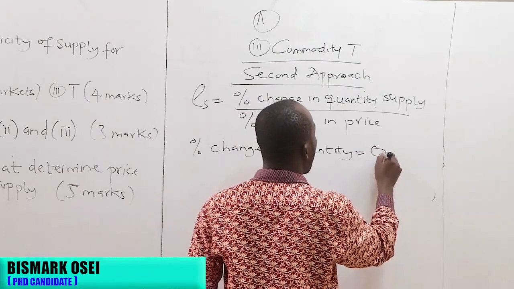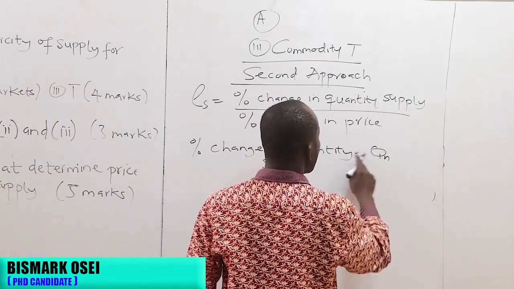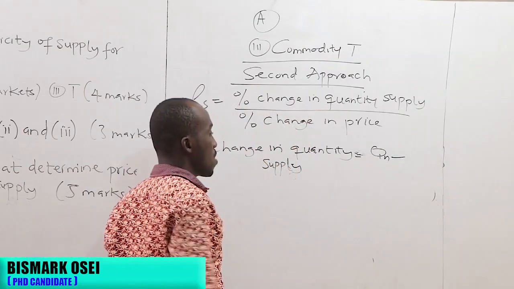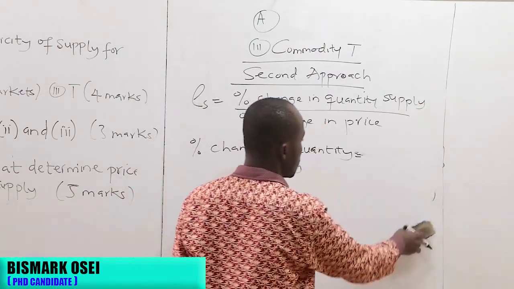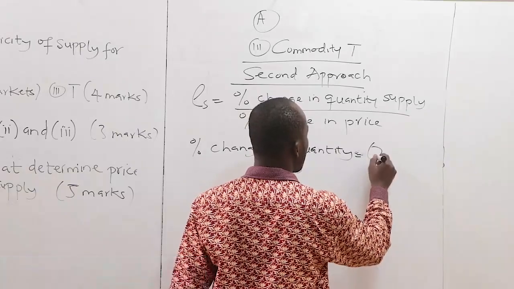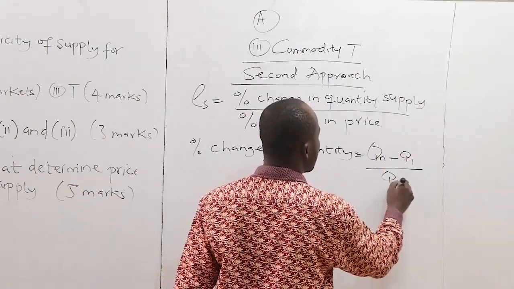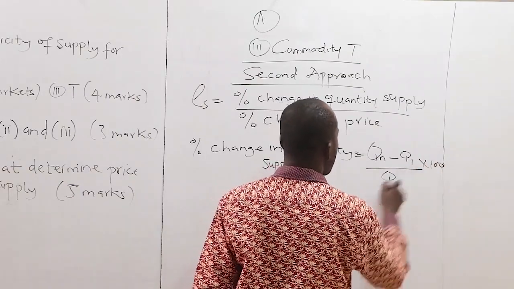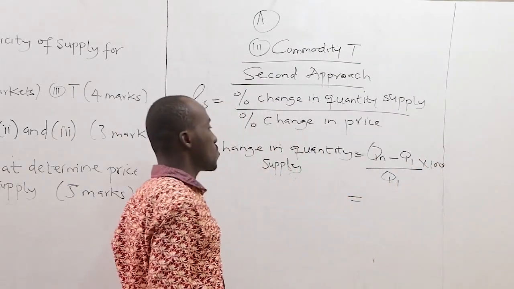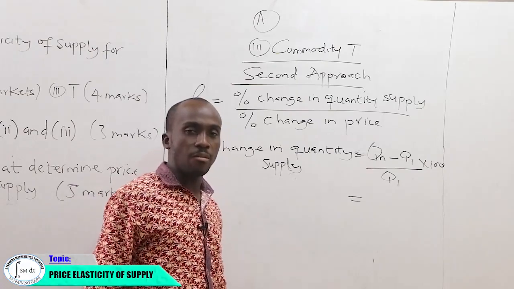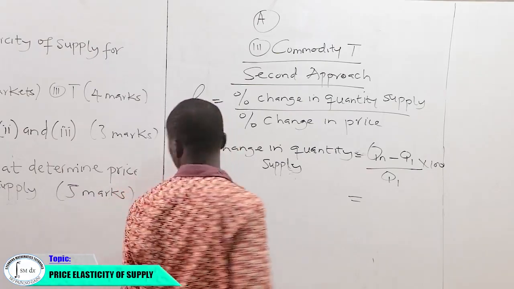It's the new quantity minus the initial quantity divided by the initial quantity times 100. What's the new quantity?